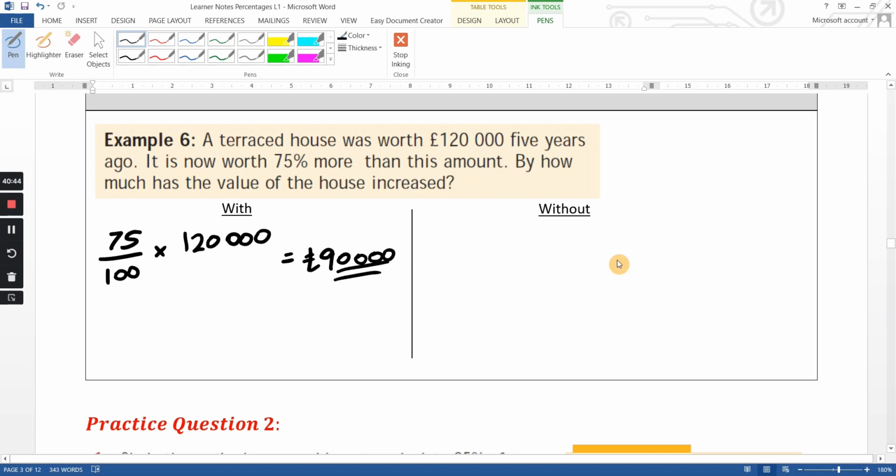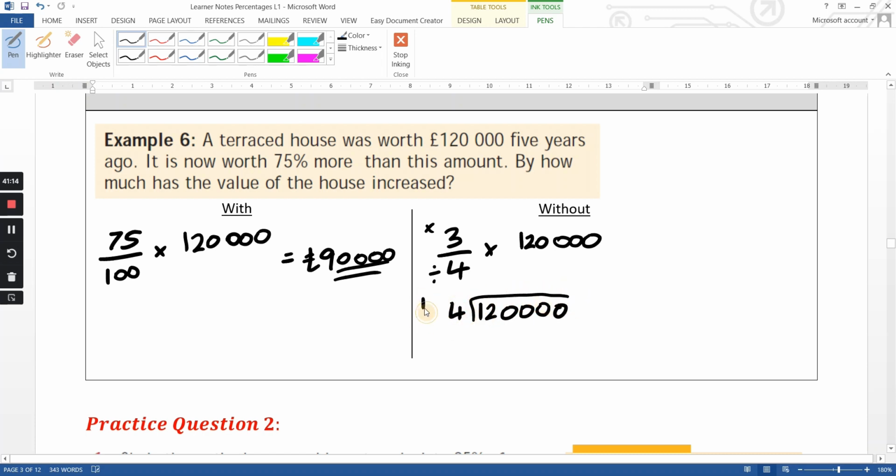Yep, that's your answer. Without the calculator, personally, I would change 75% to a fraction. The simplified fraction is 3/4 of 120,000. So I would divide by 4 and multiply by 3. Let's do divide by 4 first. 120,000 divided by 4.